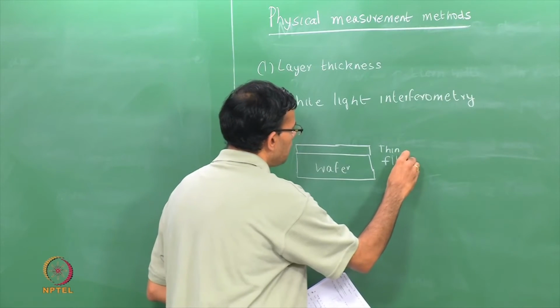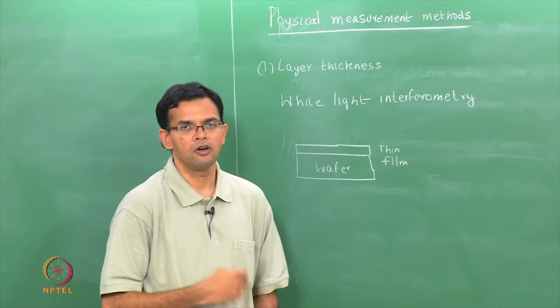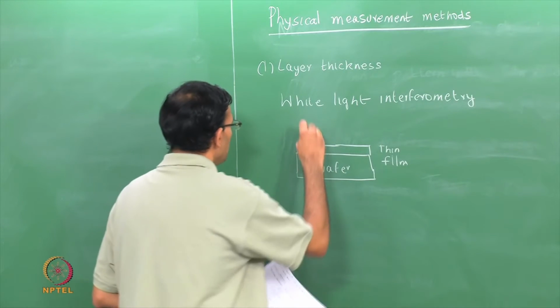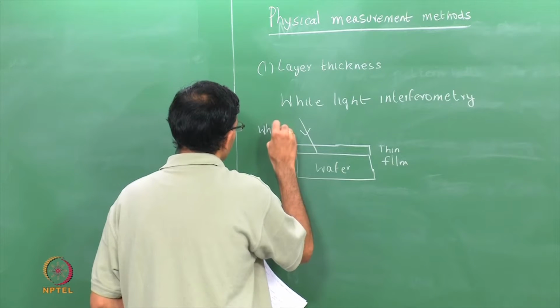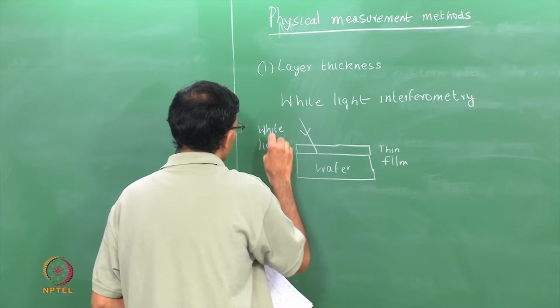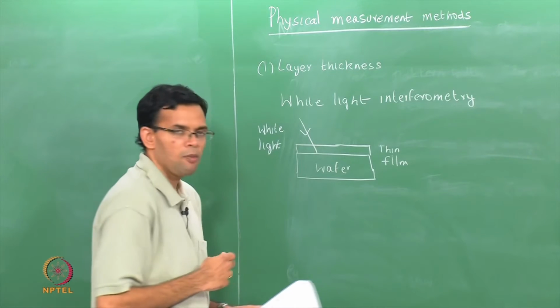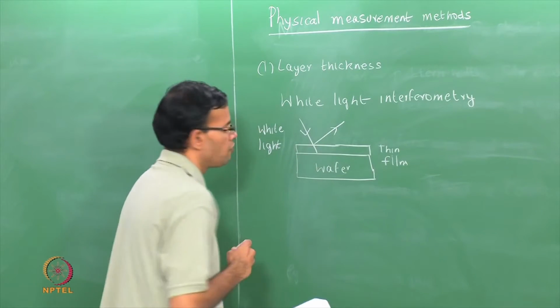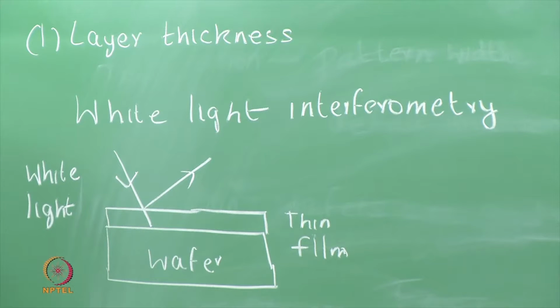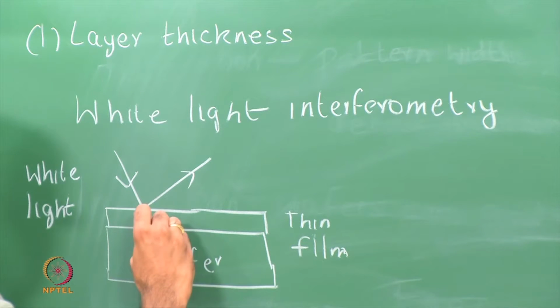So, this could be a film of an oxide layer or a nitride layer. So, if white light were to fall on the film, some of the light will be reflected from the top surface of the film, some of it will penetrate through and then get reflected from the wafer.